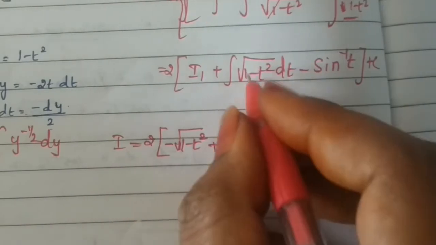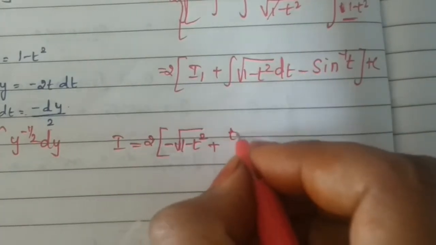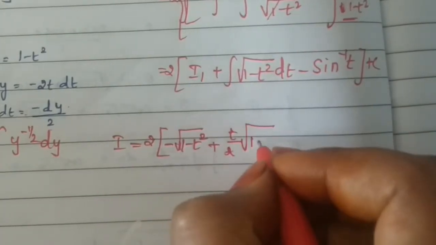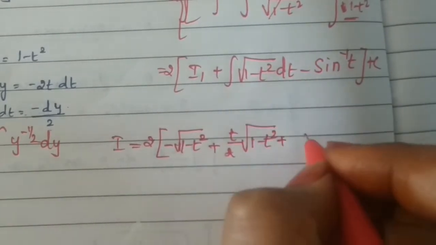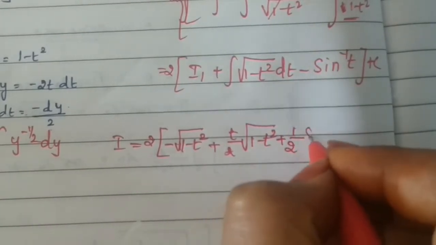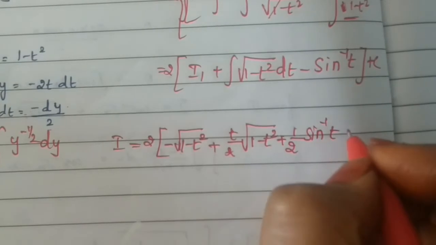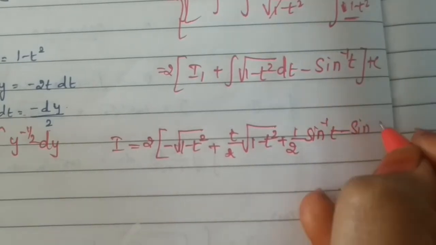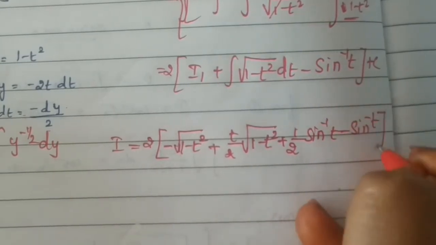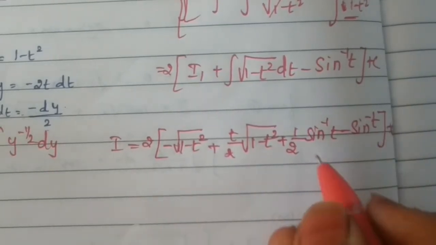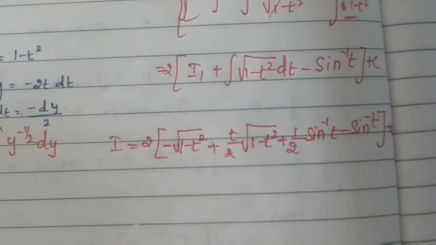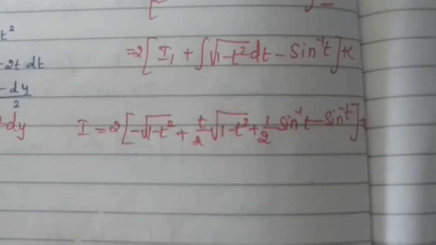And the value for this one is x by 2, that is t by 2 into root of a squared minus x squared, plus a squared, which is 1, so a squared by 2 into sine inverse of t. Here minus sine inverse of t plus a constant of integration. Half sine inverse of t minus sine inverse of t will become minus half into sine inverse of t. That's what we are going to simplify here.